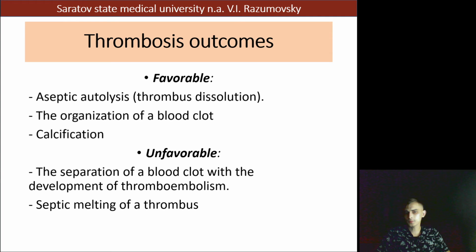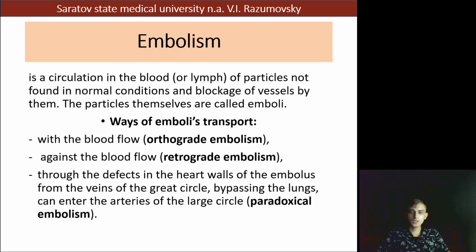Embolism is a circulation in the blood or lymph of particles not found in normal conditions and blockage of vessels by them. The particles themselves are called emboli. Ways of embolus transport may be different.